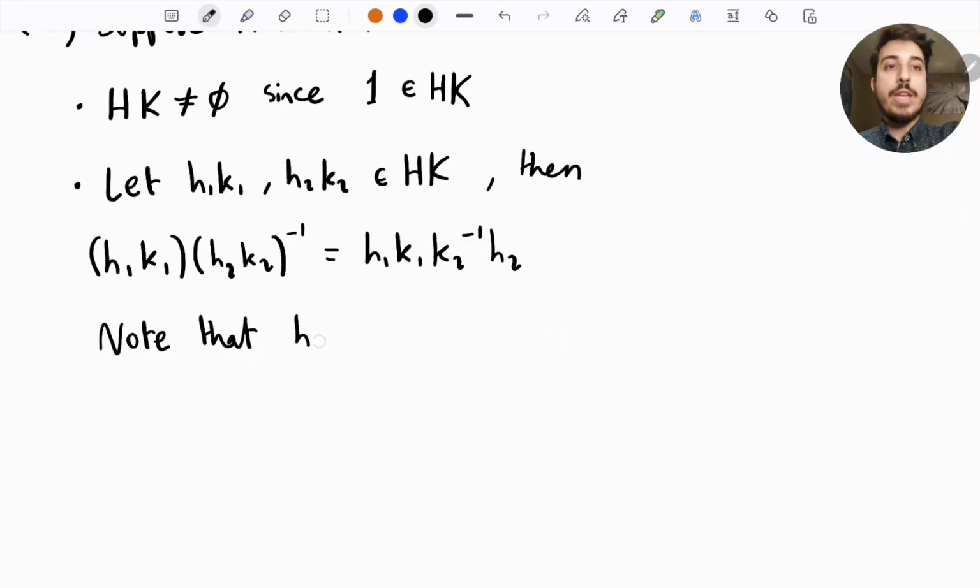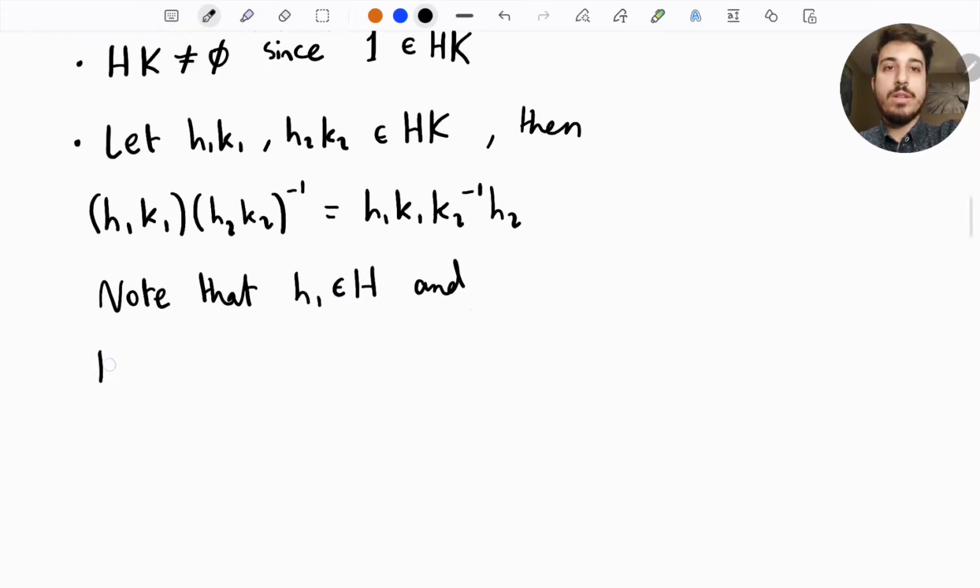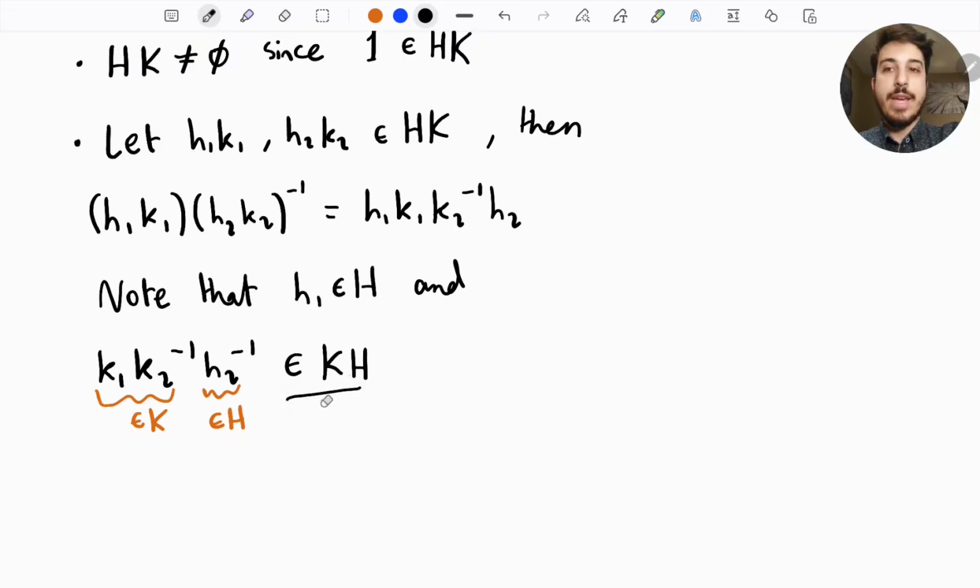Note that h1 is in H, and k1 k2 inverse h2 inverse is all in KH, because this part is in K as K is a subgroup, and this is in H as H is a subgroup.